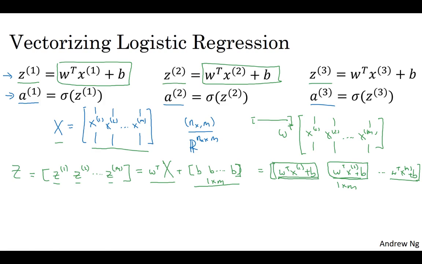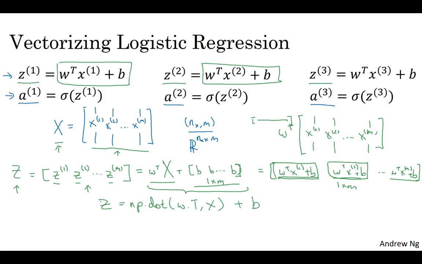Okay, so when you stack the lowercase x's corresponding to different training examples horizontally, you get this variable capital X. In the same way, when you take these lowercase z variables and stack them horizontally, you get this variable, which I'm going to denote by capital Z. And it turns out that in order to implement this, the NumPy command is capital Z equals np.dot(w.T, X), that's W transpose X, and then plus b.